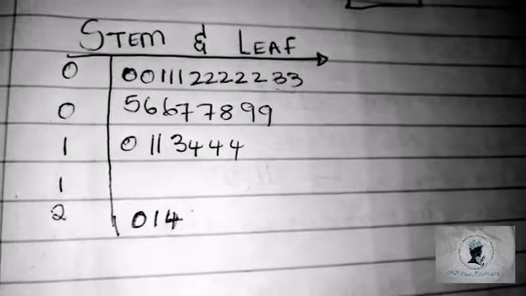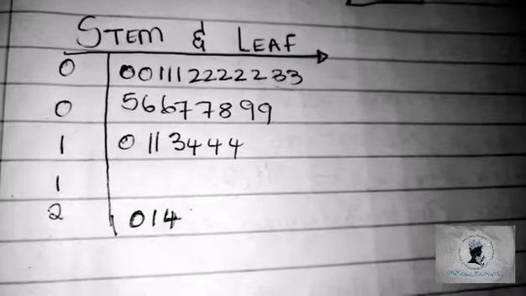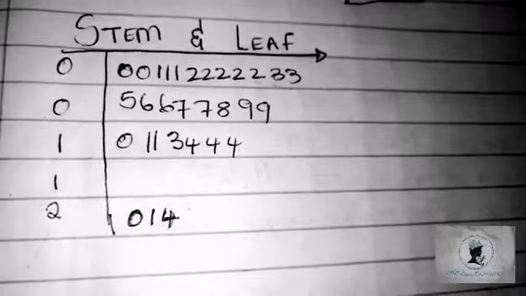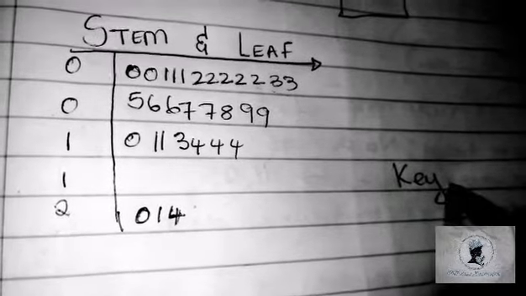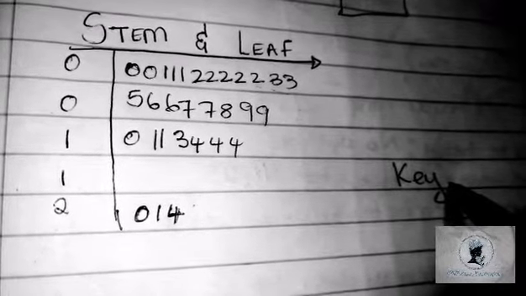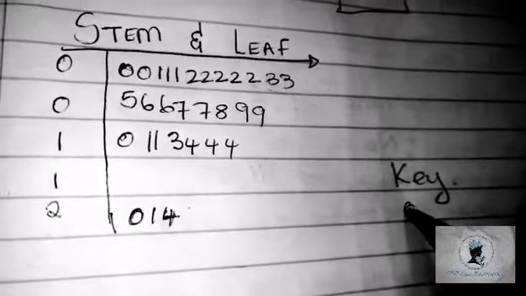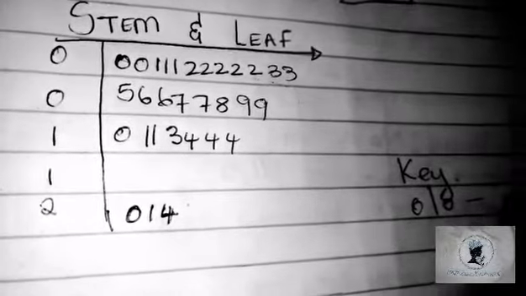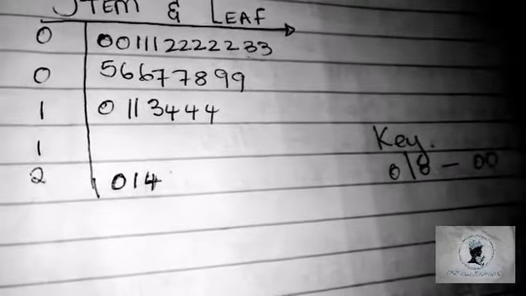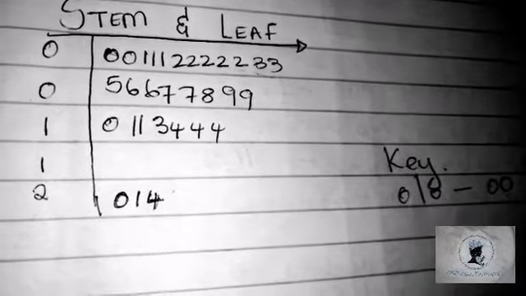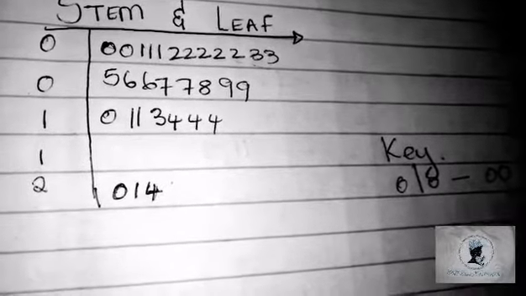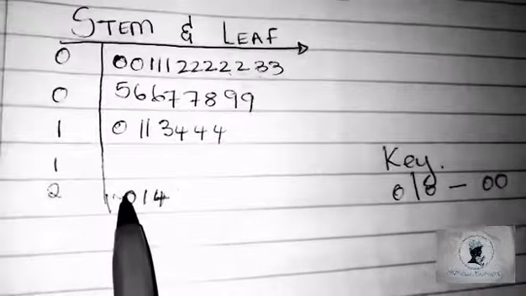They always give you a key, guys. There will always be a key explaining your data. Maybe it will tell you that this means that it is 00, right? So it will always have a key, even if you are the one constructing the stem and leaf.